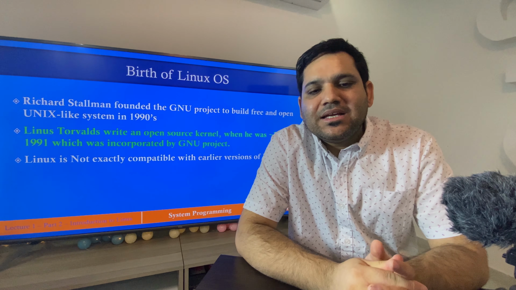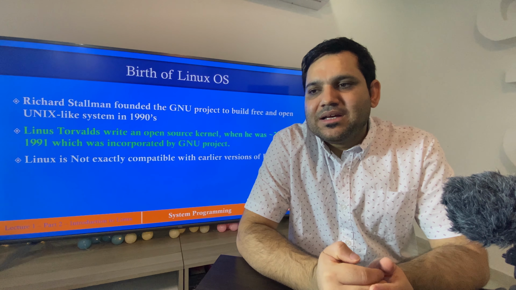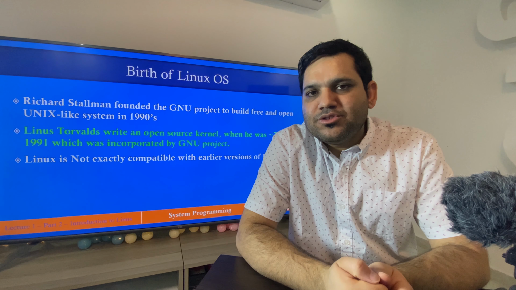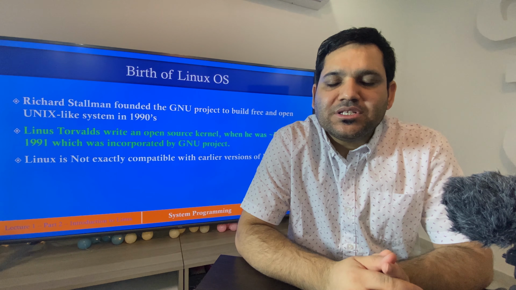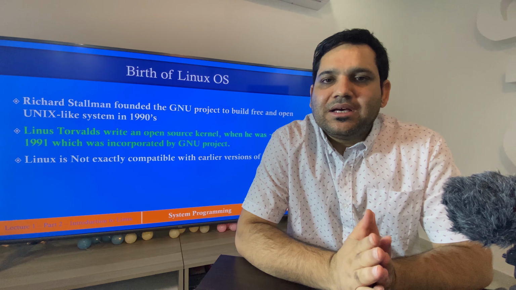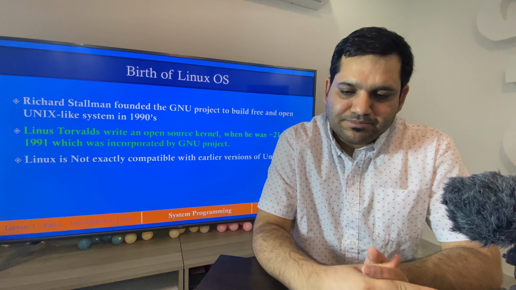Linux is not exactly compatible with the earlier versions of Unix because Linux was rebuilt by keeping the idea of the Unix operating system. They built Linux with almost the same features, but because it is a separate operating system, the initial versions of Unix were not compatible with it.